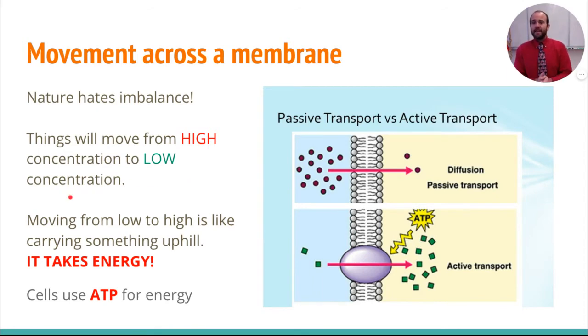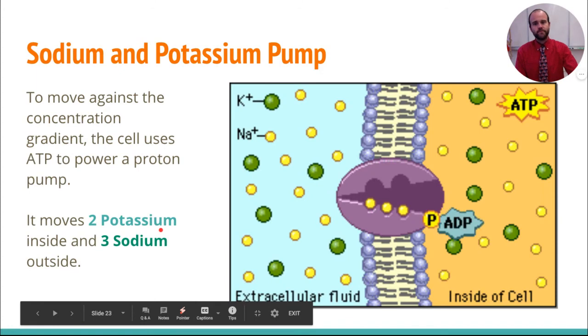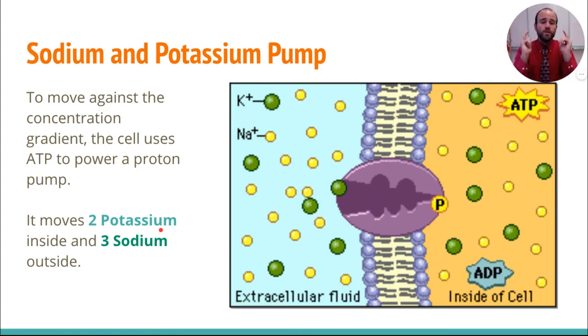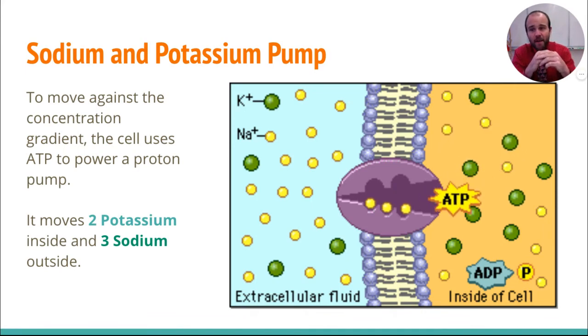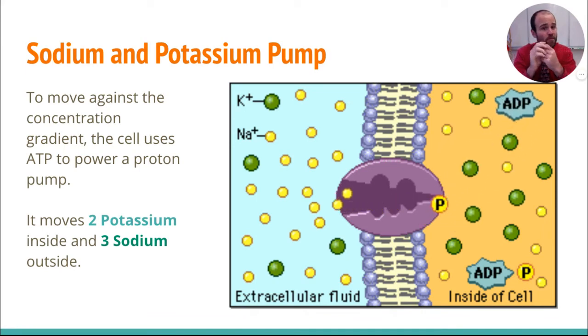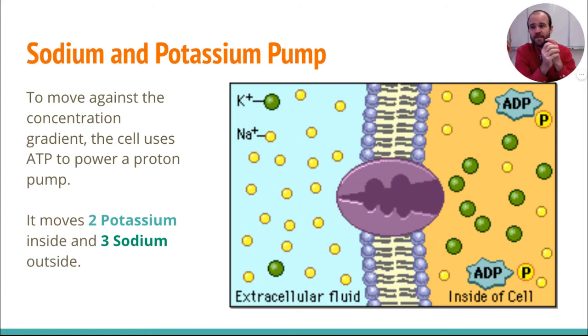And as we said, nature hates imbalance. Things will always move from high to low concentration in passive transport or diffusion. But if we're going to go against that concentration gradient, we need ATP or energy. In fact, you spend most of your ATP or most of your energy on a given day powering one of these sodium and potassium pumps, one of these active transport protein pumps.